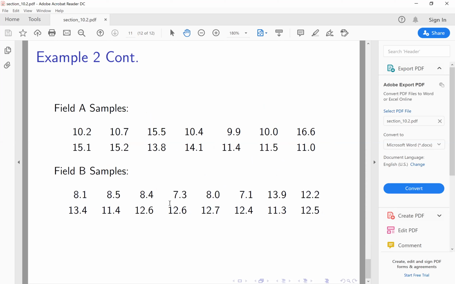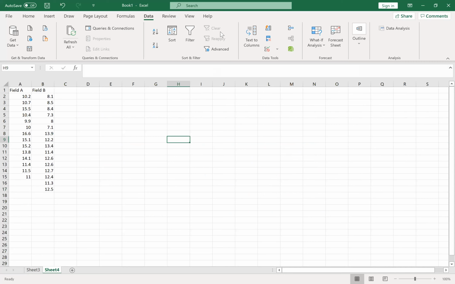Here's our data, and I've already put this in Excel. So let's go back to Excel and state our null and alternate hypotheses. Well, our null hypothesis is that the two fields have the same average soil water content.